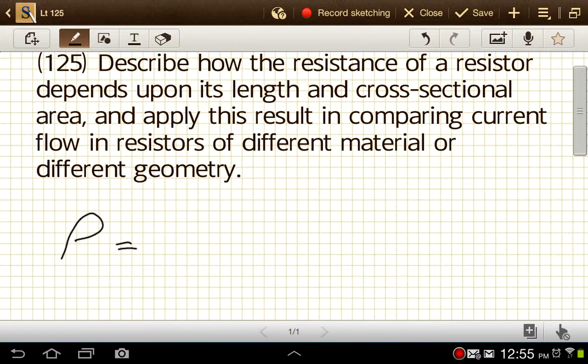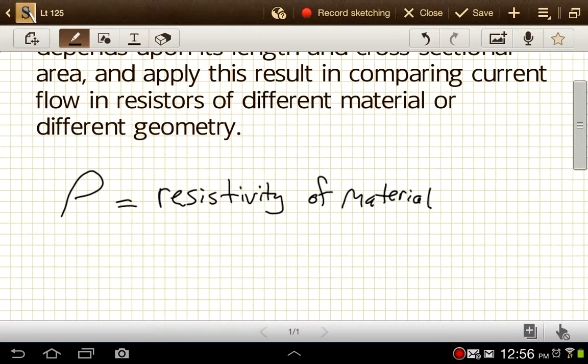We use a rho to write this in an equation, and we call that the resistivity of the material. Again, that value might change depending on the conditions. It changes when we go from one material to another, but for a given setup, we have a material with a certain resistivity. It also depends on the geometry of the resistor.